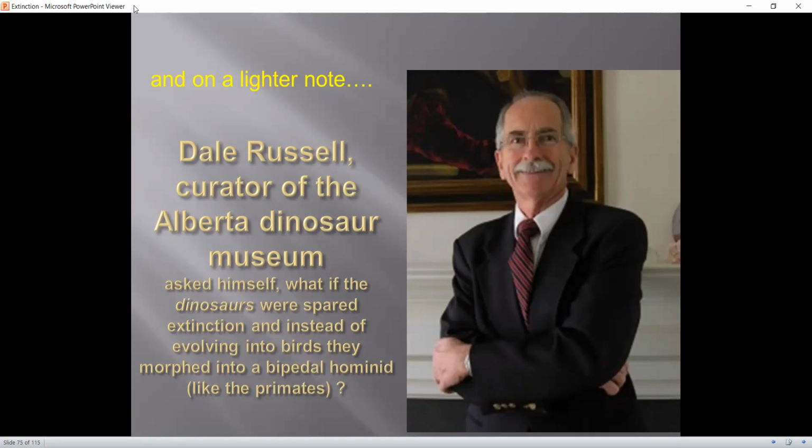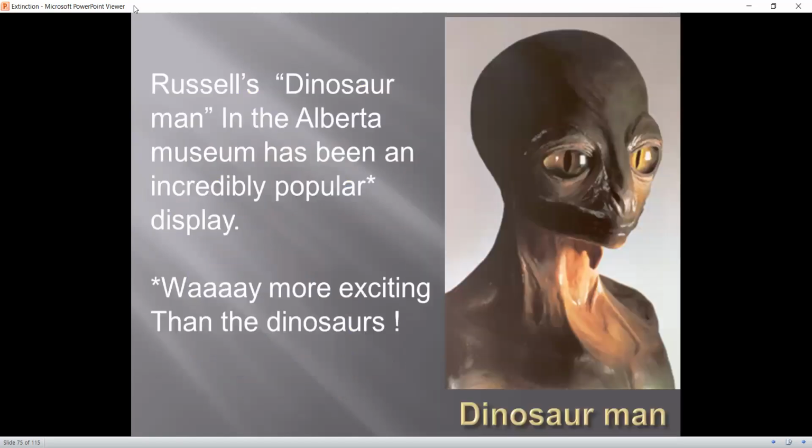Not all the dinosaurs croaked, but maybe some of them, instead of dying, evolved into a bipedal reptile. You know, there are a lot of reptiles that can walk like we do, and they can handle things. But he said, what if it evolved into a bipedal reptile like the primates, a hominid-like organism? So he got busy and he made one.